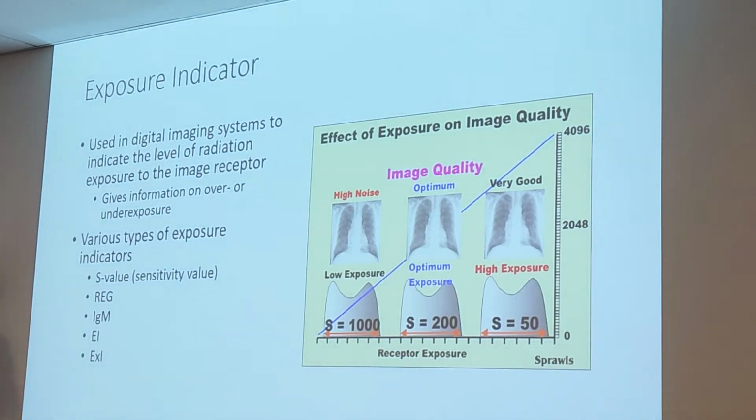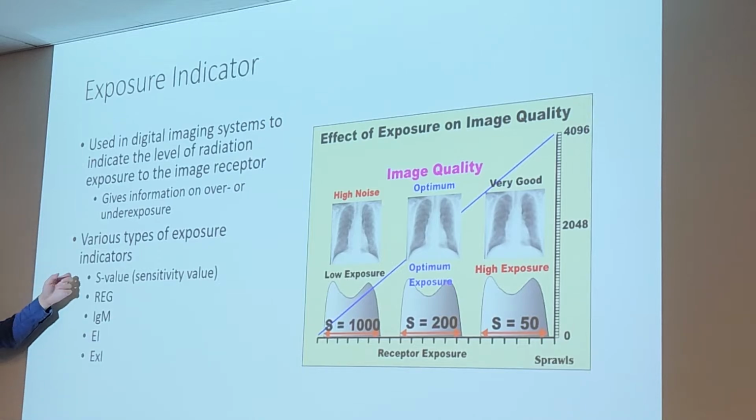And they will tell you this is the range of exposure indicators which tells you got a good image. As long as your exposure indicator lands between these two numbers, that means you did a good exposure, you will have good brightness. Does that make sense?